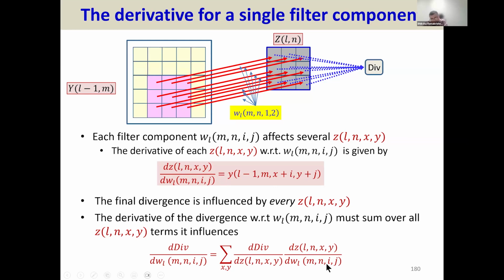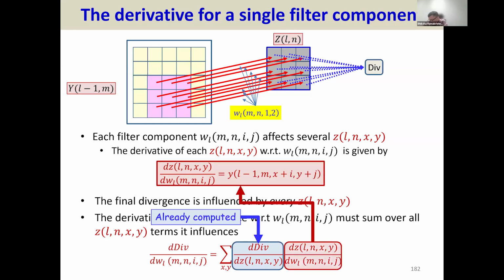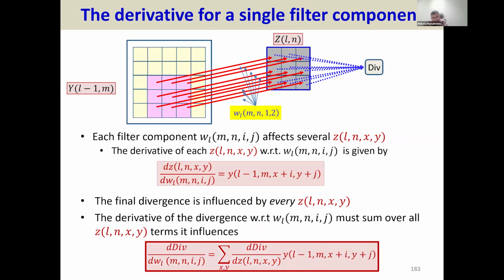And the derivative of ZXY with respect to Wij is simply this guy here. This is already computed. And this term is simply going to be Y x plus I, y plus J. And so I can plug it in here, and that's going to give me my derivative equation for the filter.